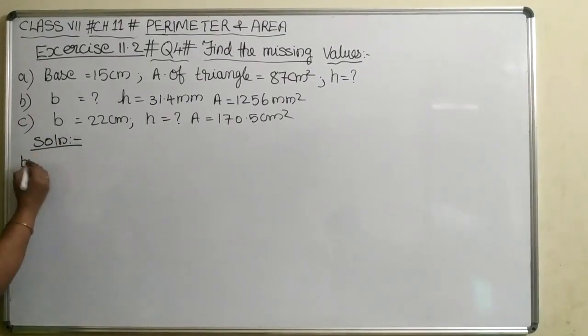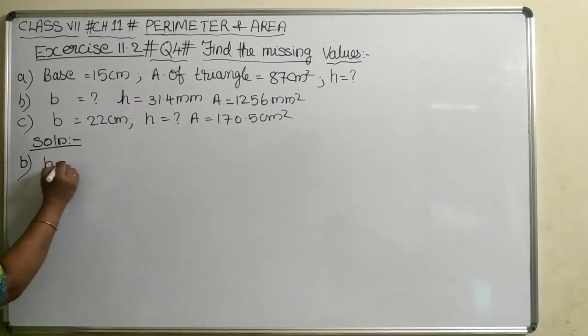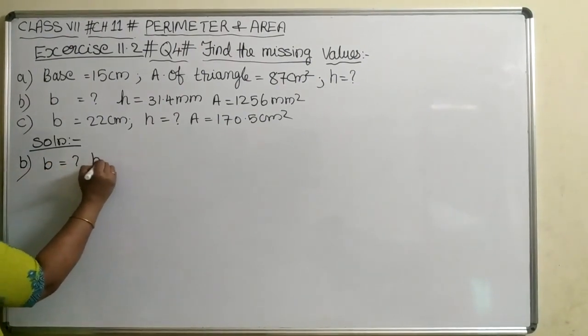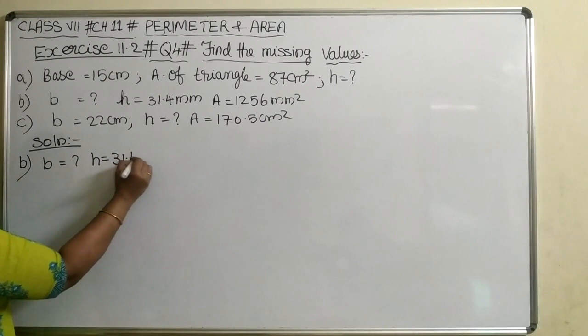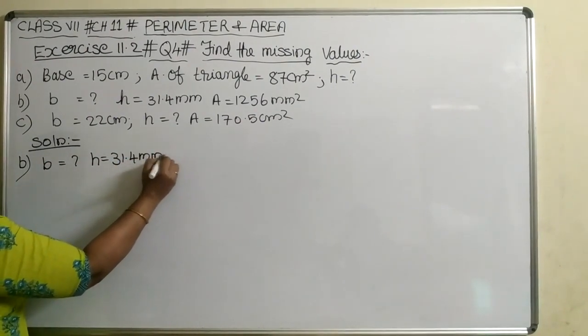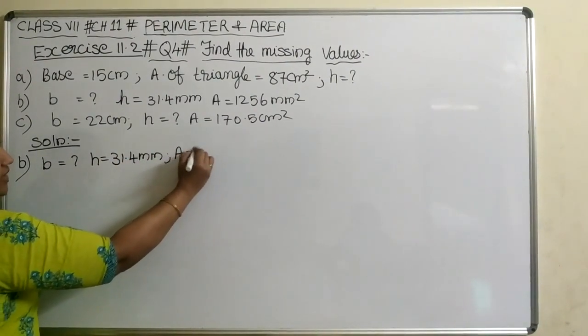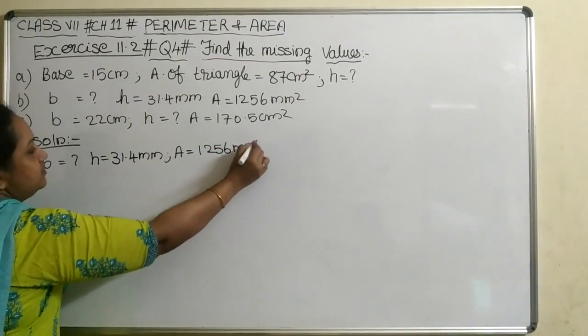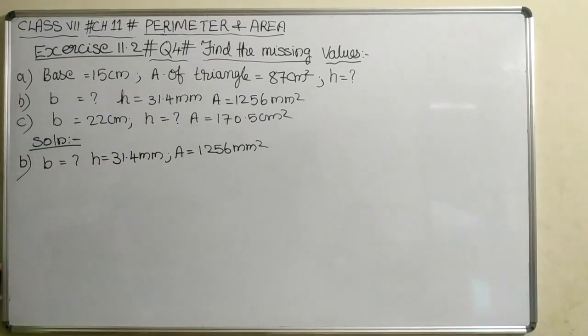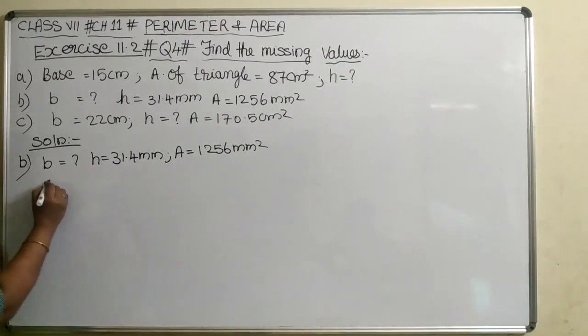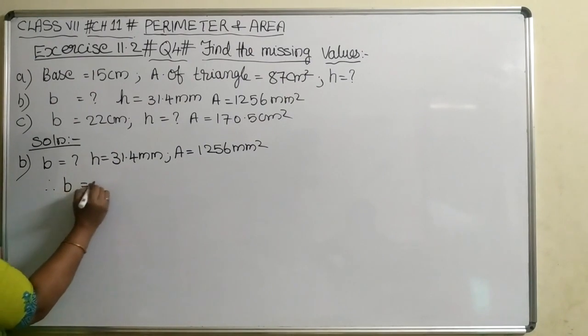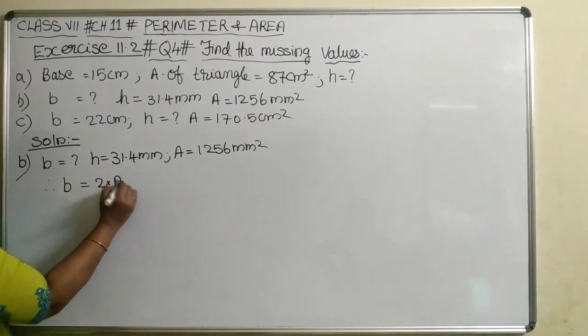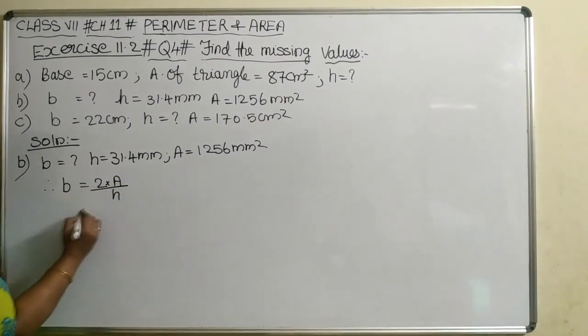Second question, we have to find base equal to question mark. Height is given 31.4 mm and the area is given 1256 mm square. So children, area of triangle equal to half BH. Therefore, base of triangle equal to twice into area divided by height.